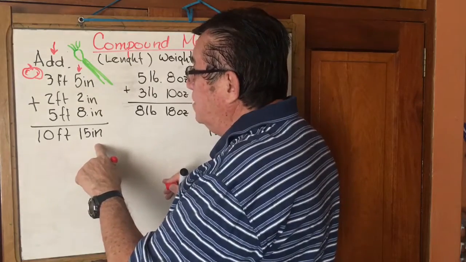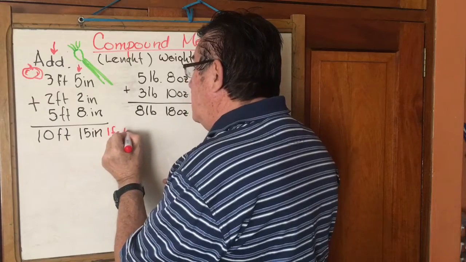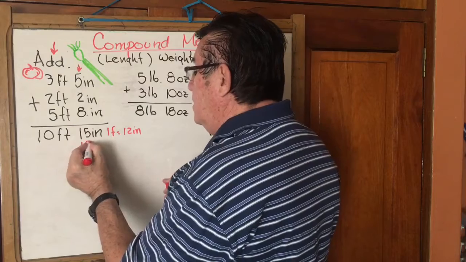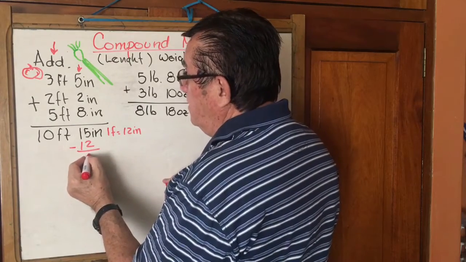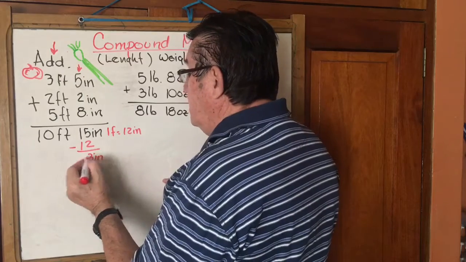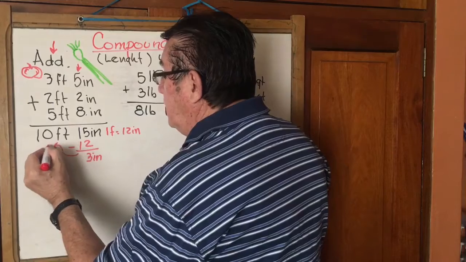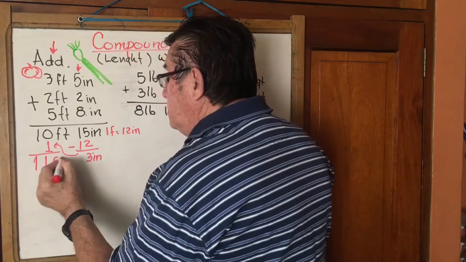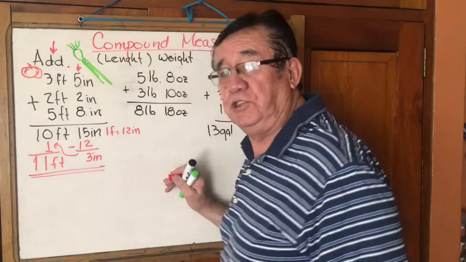And I know that 1 foot is equal to 12 inches. That means that I have to subtract 12 from 15. So I have 3 inches left and 1 foot. So this 1 foot is going to come up here, and then we will get 11 feet and 3 inches. So this is my final addition.